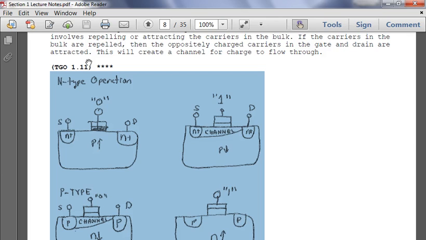You're going to create a large channel over here, but it's going to get smaller and smaller until eventually it finally reaches that first point where you actually have the channel created. And then for N-type operation, you put a 1, it creates the channel again. And for P-type, you put a 1, it's going to raise up your electrons, so no channel can be created.